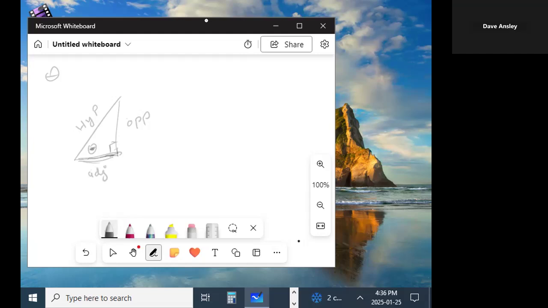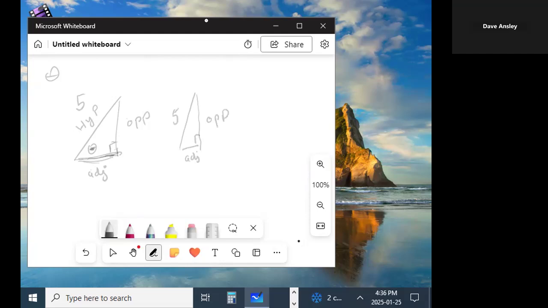All right. So obviously, there's the hypotenuse. Once you figure out what it is, it might be a five or something, right? The other ones are going to change. The higher the angle, the adjacent side in this case gets smaller, and the opposite side gets longer.